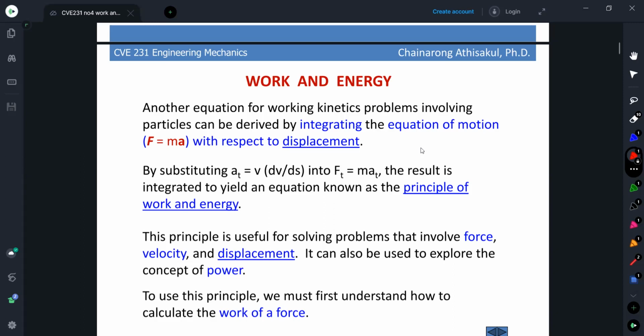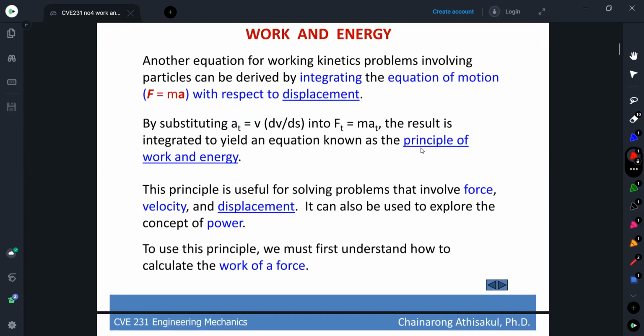The result is integrated to yield an equation known as the principle of work and energy. This principle is useful for solving problems that involve force, velocity, and displacement. This can also be used to explore the concept of power.